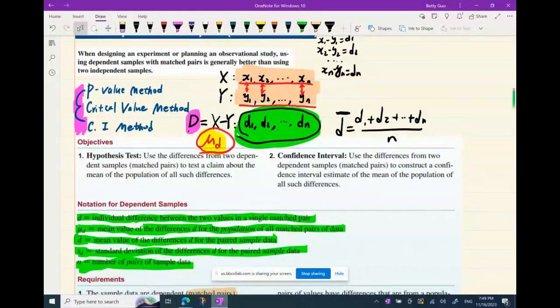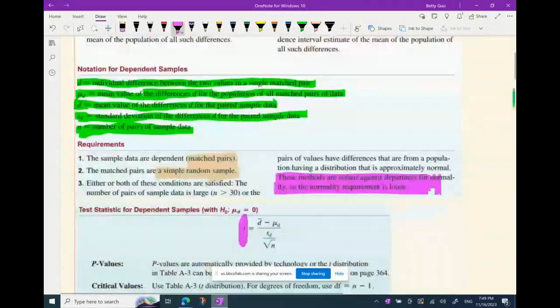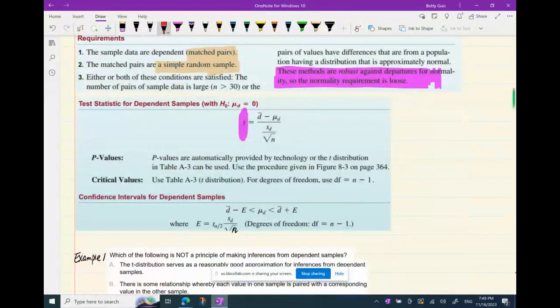Seriously, we only have 1 sample. So the hypothesis test about mu sub d is simply a t-test. It's just a t-test, okay?